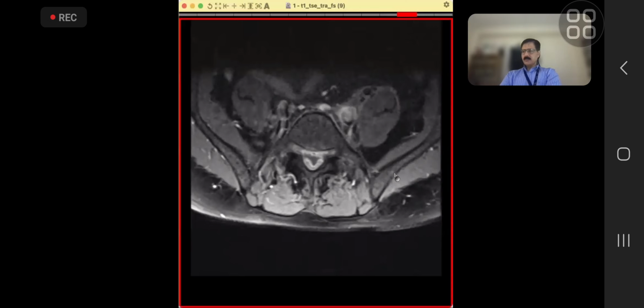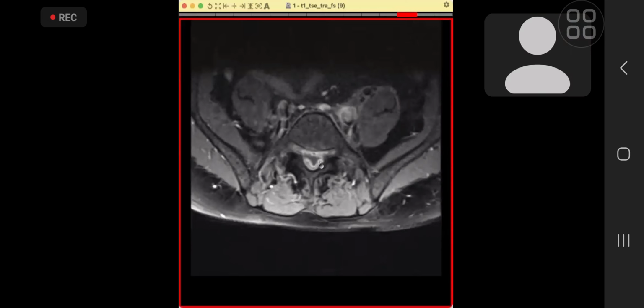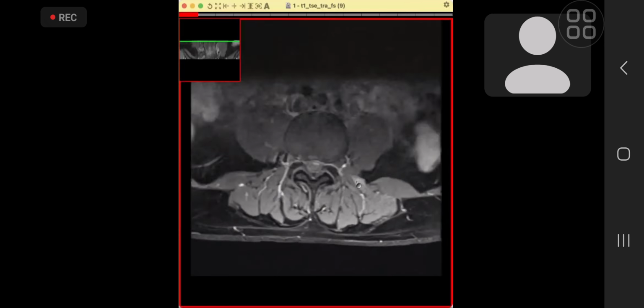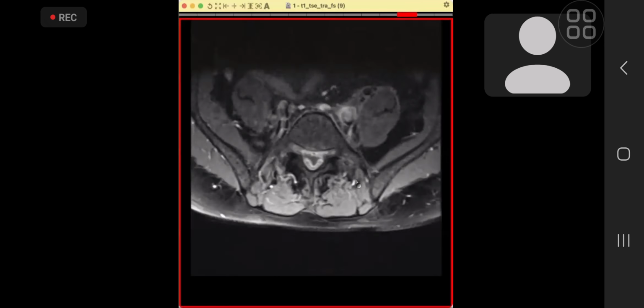Yes, you are right. There is an abnormal triangular shaped intradural lesion which is not enhanced, and there is abnormal obliteration of the anterior extradural space at this level, also compressing the thickened cauda equina roots at this level.